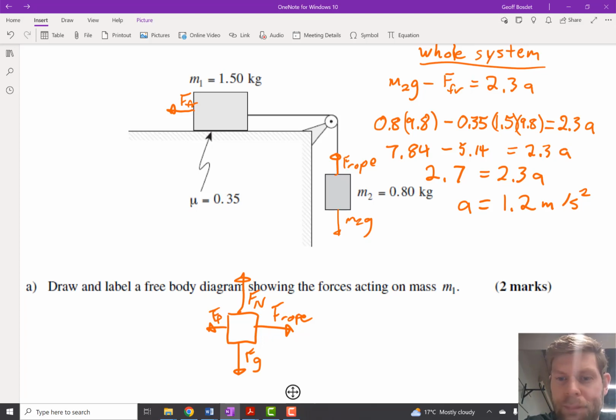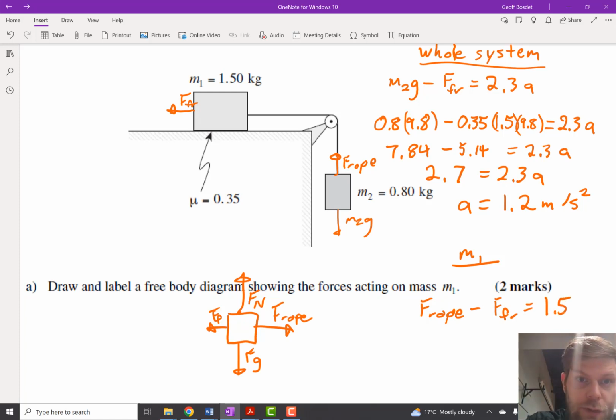But it'll work either way. So big minus small for M1 is my rope force minus my force of friction equals 1.5, because we're just looking at this one object right now, not applying a formula to the whole system, times our acceleration, which we said was 1.2.